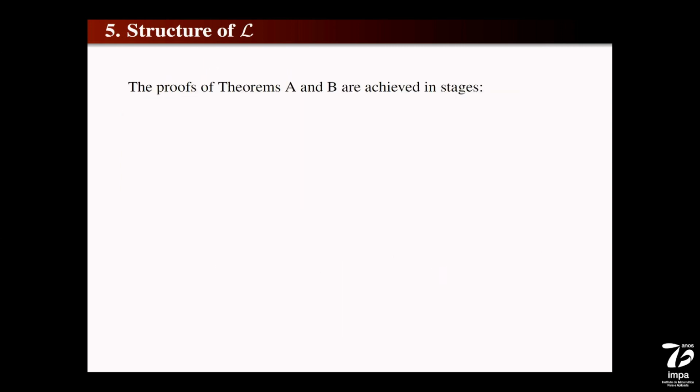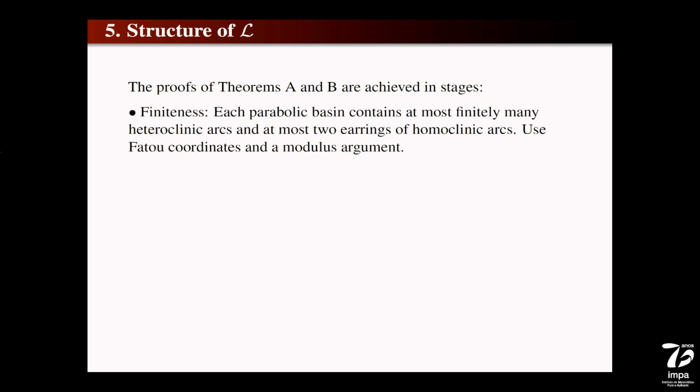So the proofs of theorem A and B are achieved in various stages. The first thing you do is there's a finiteness argument, because in the beginning, you don't know how many L arcs you have. So what you prove is that every parabolic basin contains at most finitely many heteroclinic arcs, and at most two earrings of homoclinic arcs.